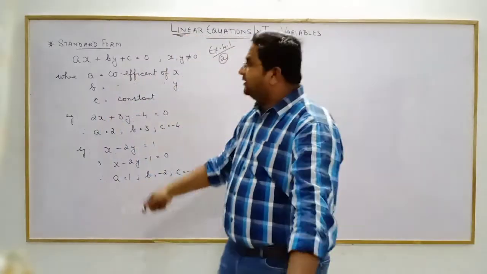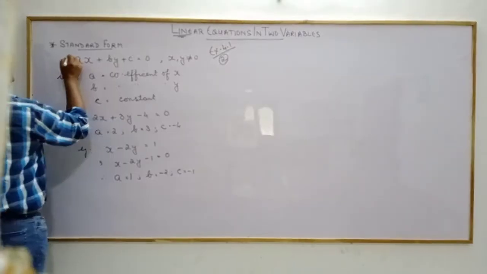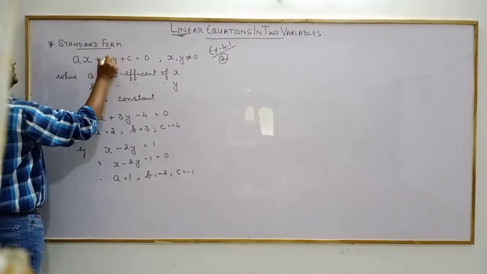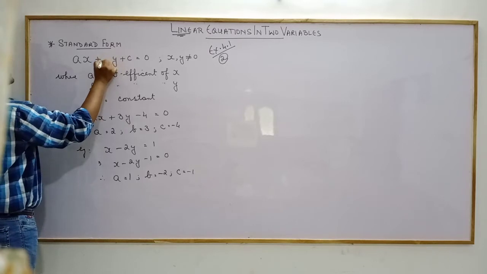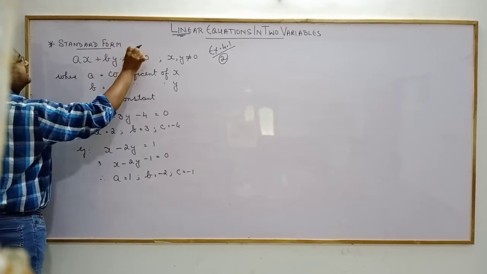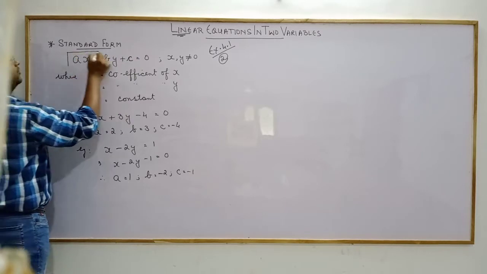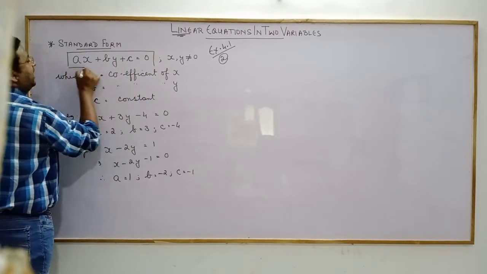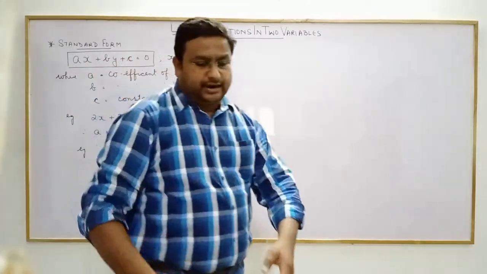We have to convert them into standard form. ax plus by plus c equals 0. This is the standard form of any linear equation. This will again be repeated in class 10. That is why I am emphasizing it again and again. So you have to convert them into standard form.